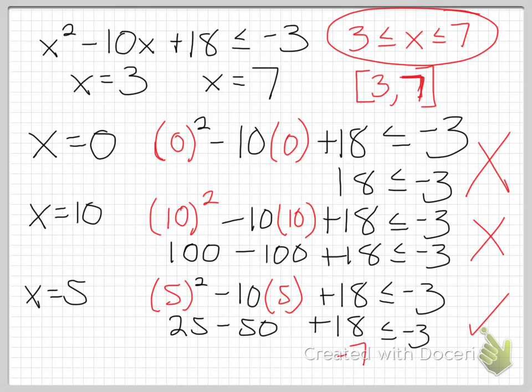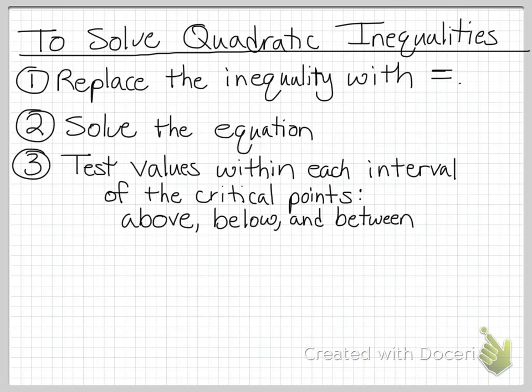We are including the values of 3 and 7 because the original inequality also included an equal to the negative 3 value.